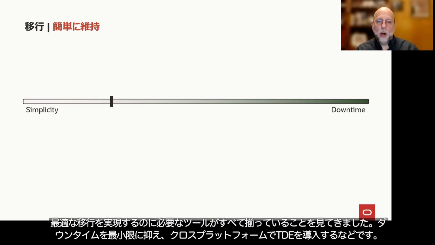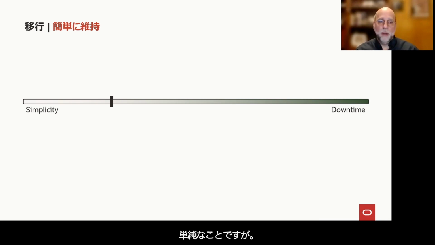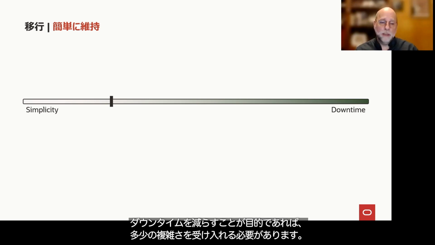You've seen that all of the tools are there to accomplish the migration that you need to accomplish, whether it is a minimal downtime cross-platform one where you're implementing TDE or something like that. But the more change you're implementing and the lower downtime, the more complicated it's going to be. It's simple as that. So if simplicity is your goal, then you need to accept downtime. If downtime reduction is your goal, then you need to accept a little bit of complexity.